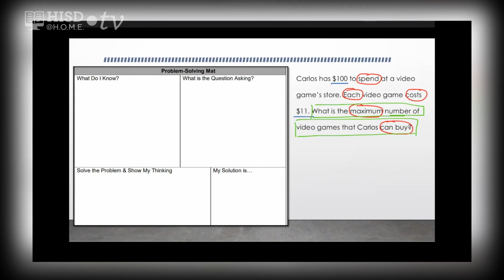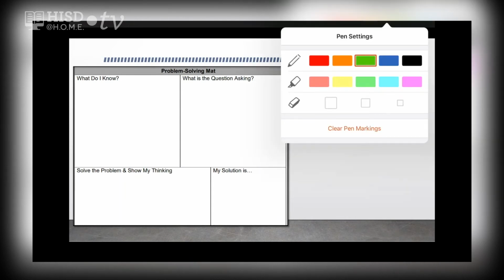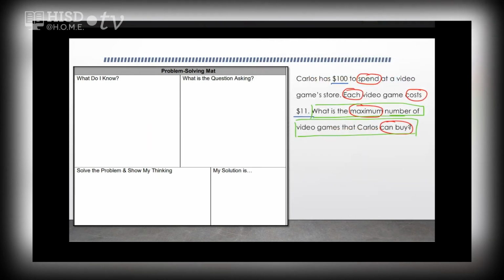And now to evaluate and to solve the problem, I'm going to use this problem solving math. So what do I know? I know that Carlos has $100 and that the video games each cost $11.